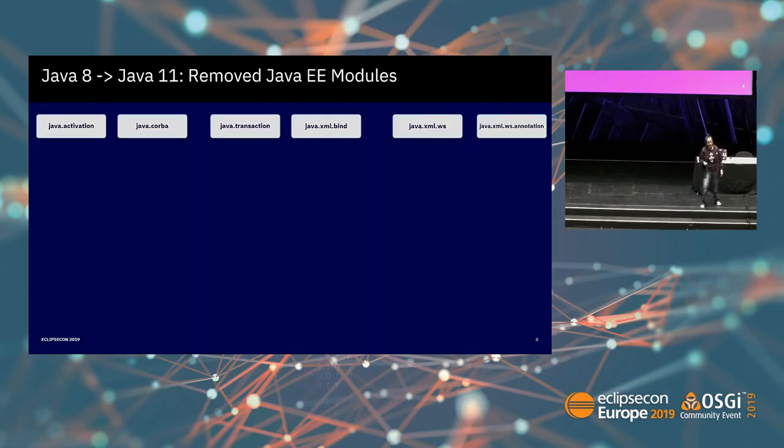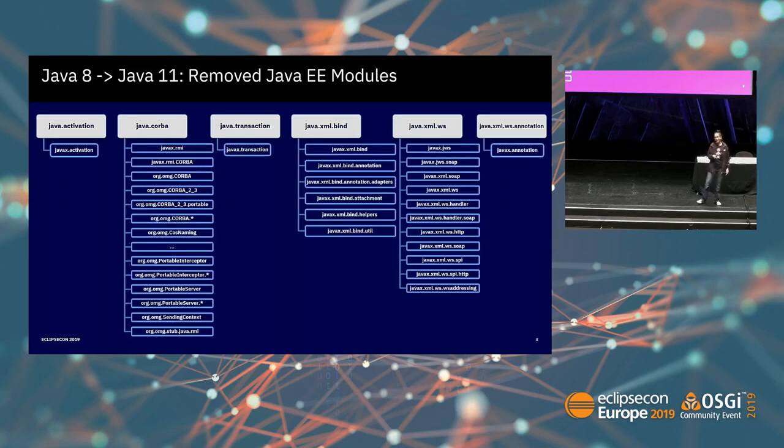If you're using any classes in these packages, you're no longer able to access them from the JDK. For us, the most problematic one was JAXB, because we were using a lot of XML to Java object libraries, and we were expecting it to be in the JDK, and it just broke once we switched to Java 11.